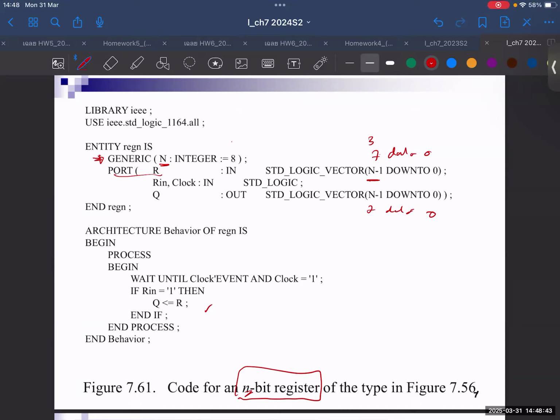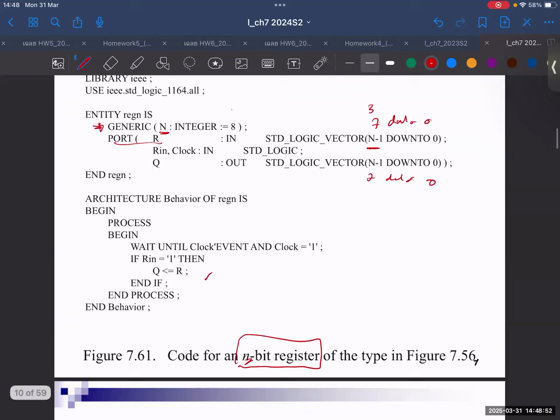But this way is much easier, by just replacing it at the beginning and recompiling everything. And that will be okay. And you can see that on the RTL level, generating a 4-bit and 8-bit register is very simple.